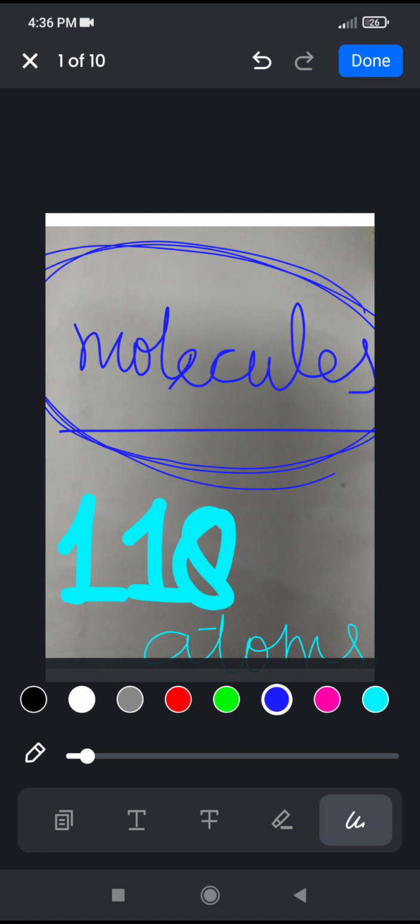As thousands of words can be made from just 26 letters, there are thousands of molecules around us made from just 118 kinds of atoms.